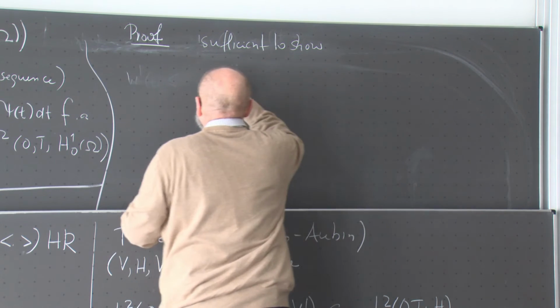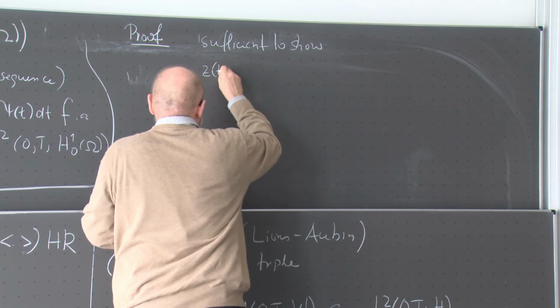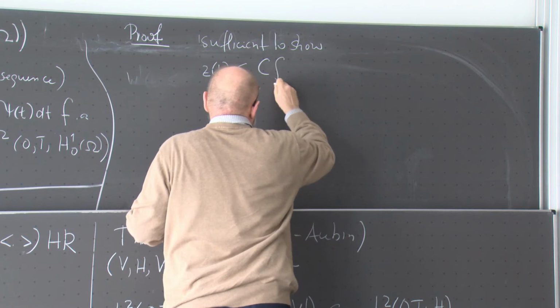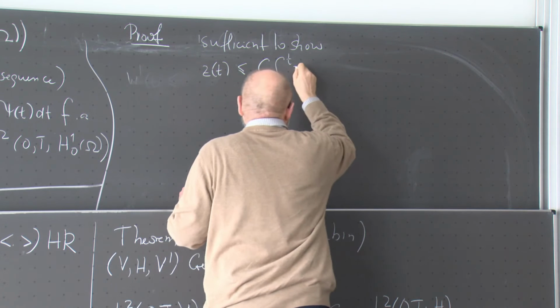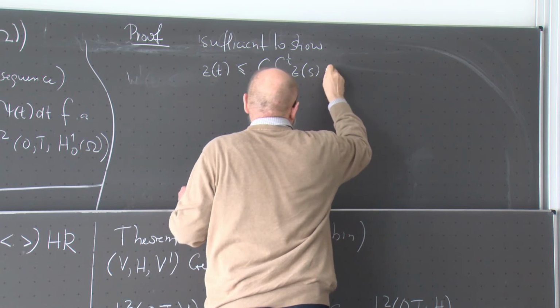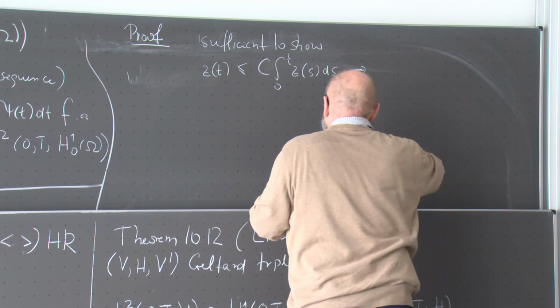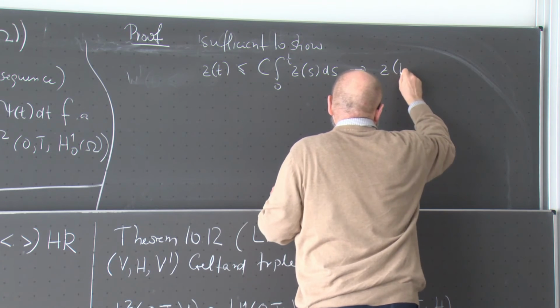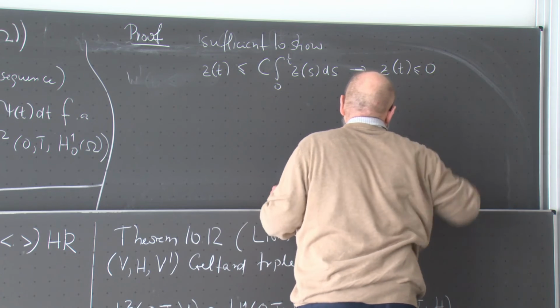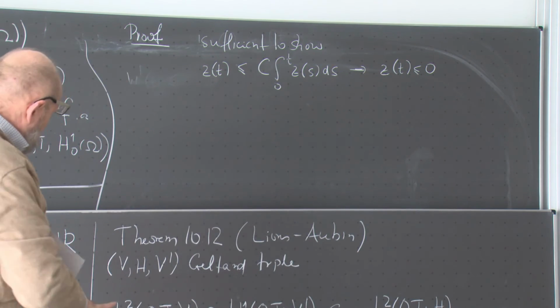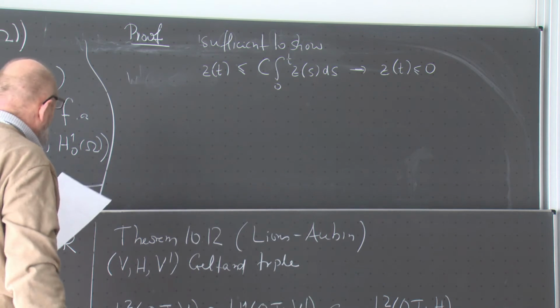I claim it's sufficient to show the following. If I have a function, let's call it z, which fulfills this condition, then this function is always smaller than 0. Let's assume that we can reduce the statement to this statement.